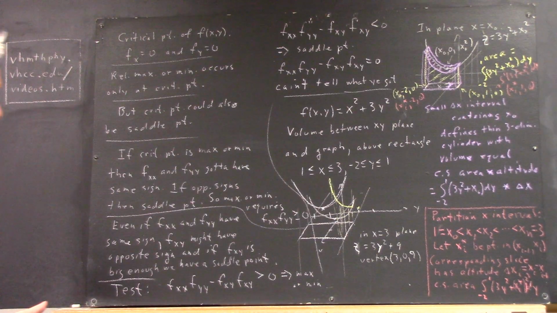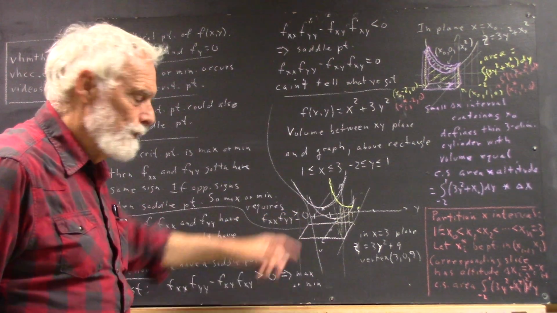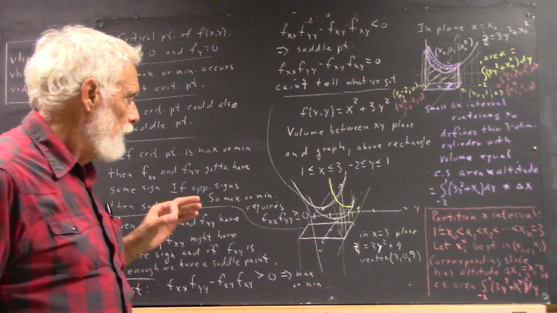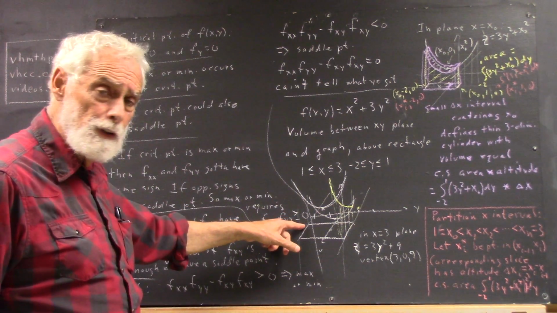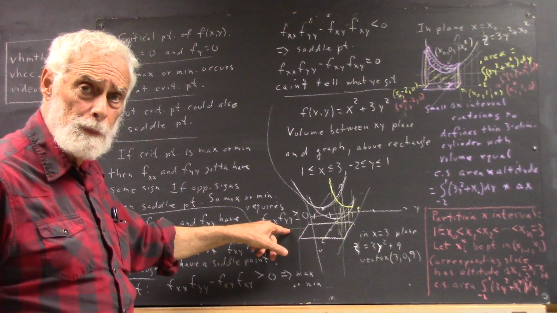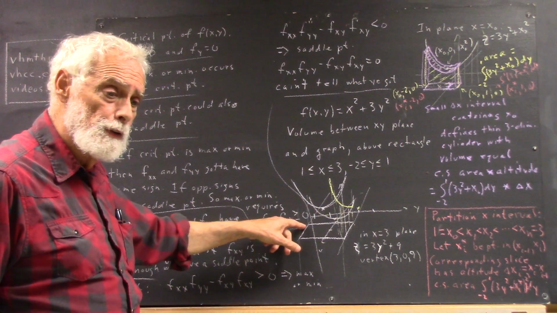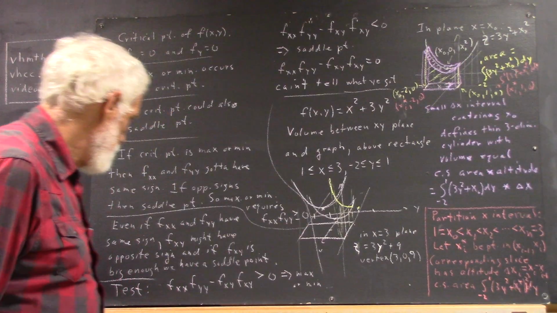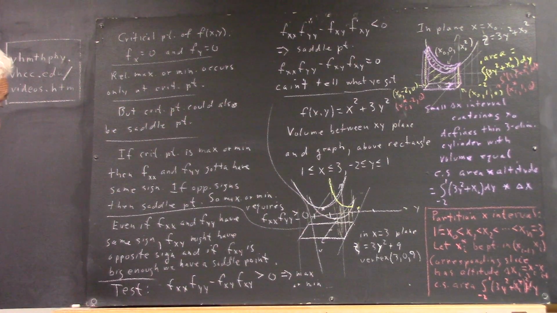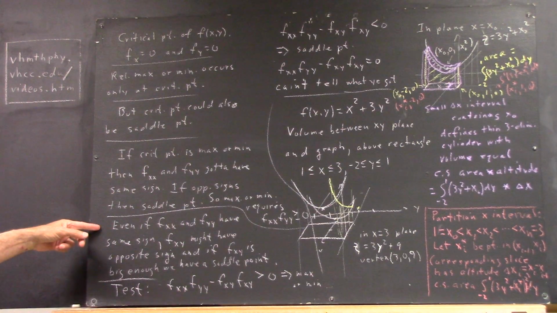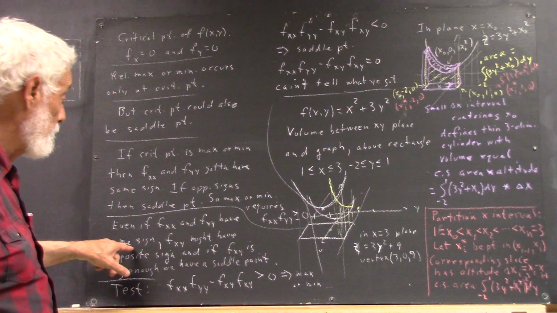So, anyhow, that kind of shows you that it could be, if this product is 0, that you still have a minimum, okay? But it could be, if this product is 0, that you don't have a minimum or a maximum.